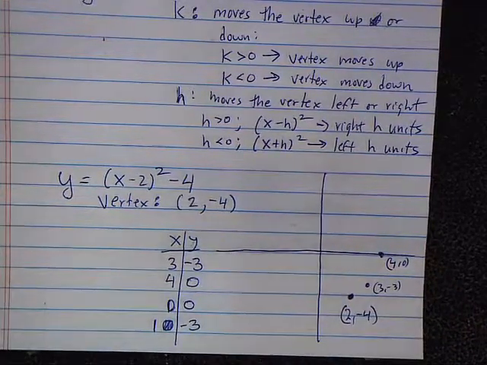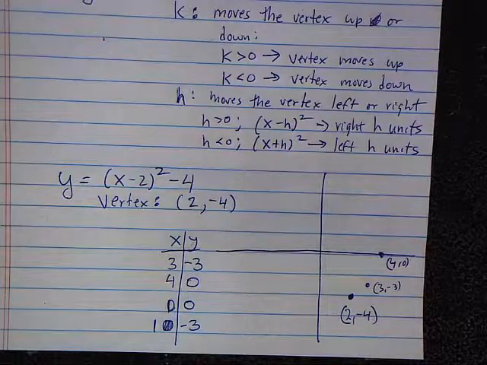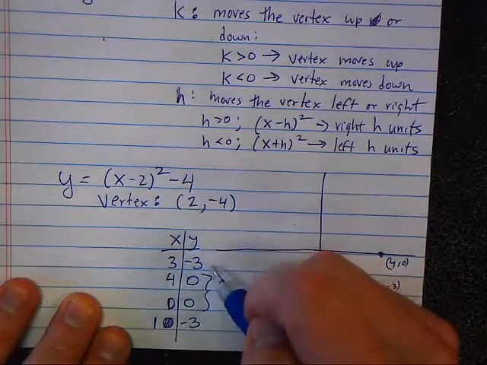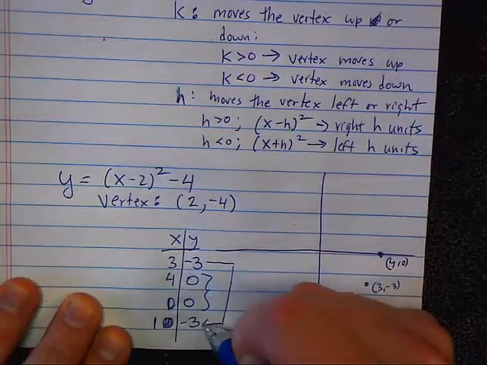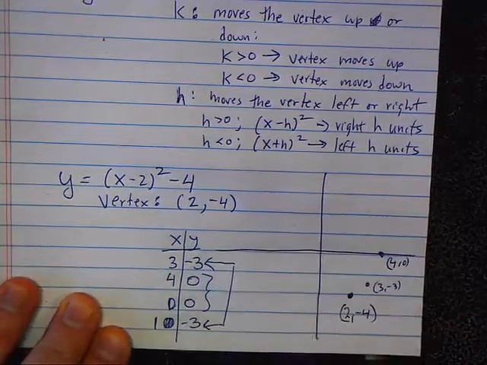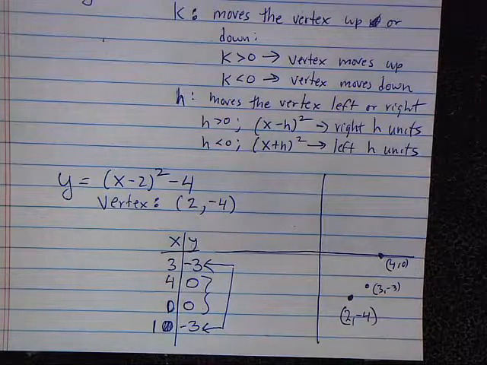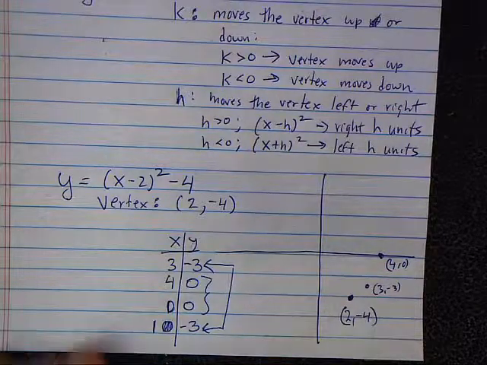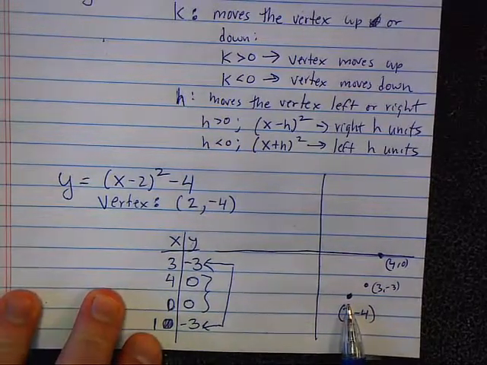Now, there is something that happened that is not just a happy accident. You have the same number. It just so happened those two numbers matched, and those two numbers matched. That was not a happy accident, and that's always going to happen. My vertex is at 2.